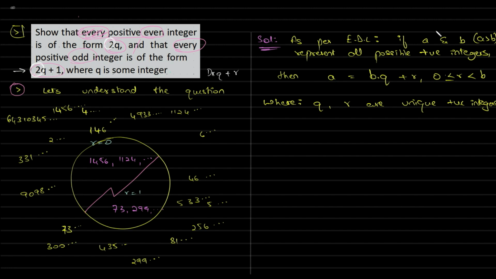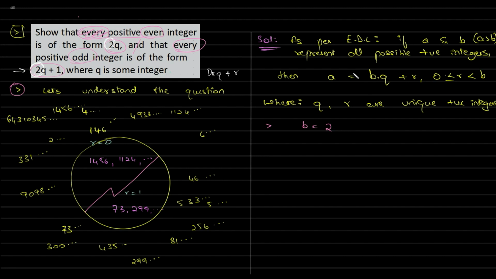So what did I write? I wrote that a and b are all possible positive integers, where a is greater than b, then a can be written as b into q plus r, so on and so forth. Right? So this is your general statement. But here, the thing which will change is, I'm substituting b is equal to, can you guess? 2.